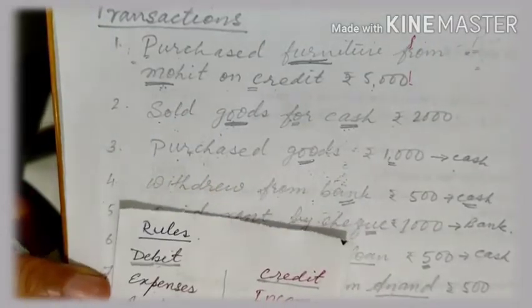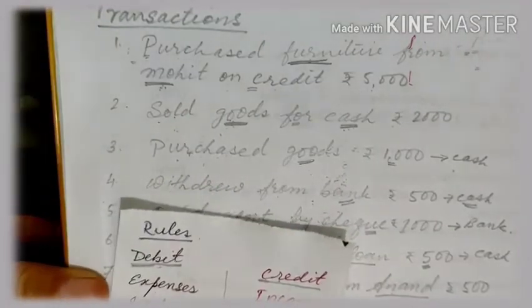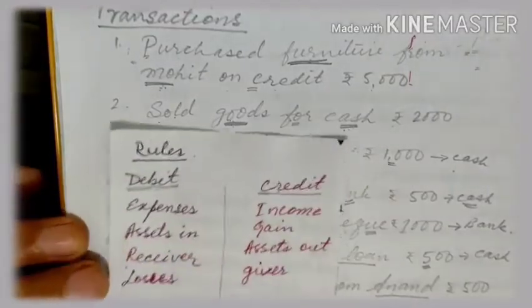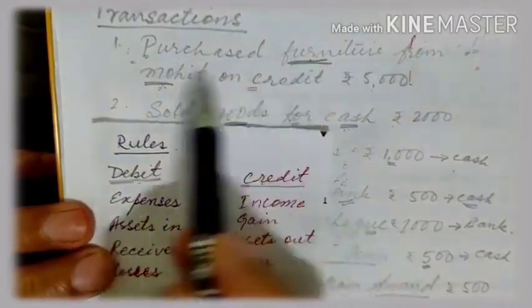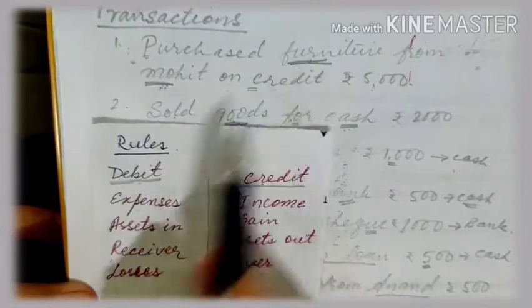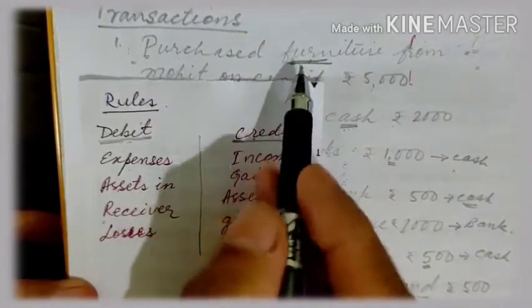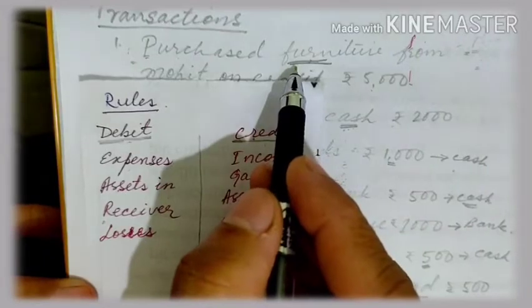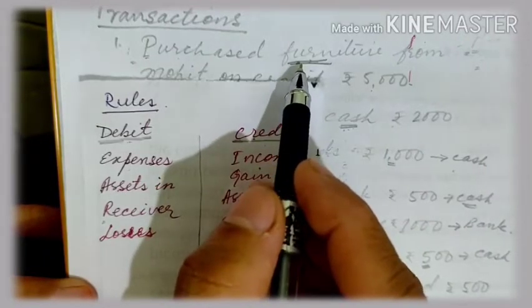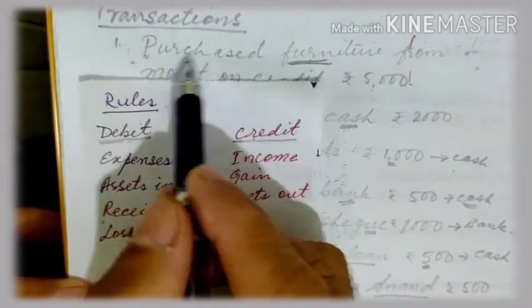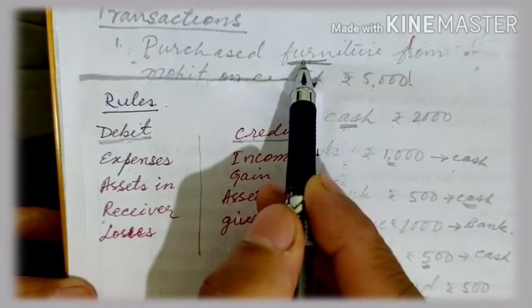Now let's find out what is debit and what is credit. Say number one, furniture, Mohit. Furniture is an asset here. Now either the furniture will come or furniture will go from the business point of view. Purchase furniture. When furniture is purchased, definitely furniture will be in.